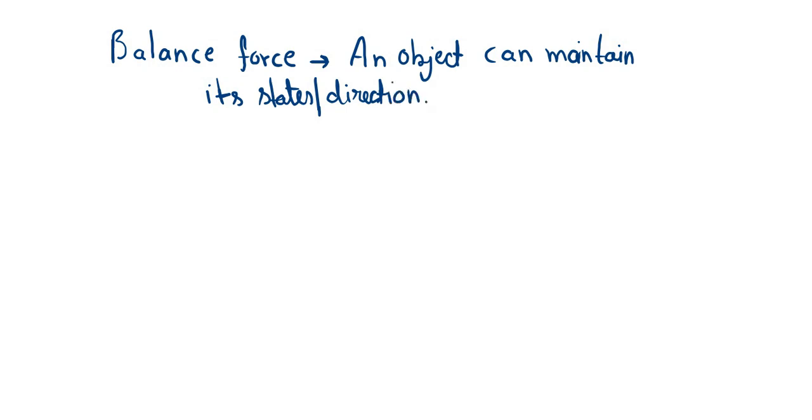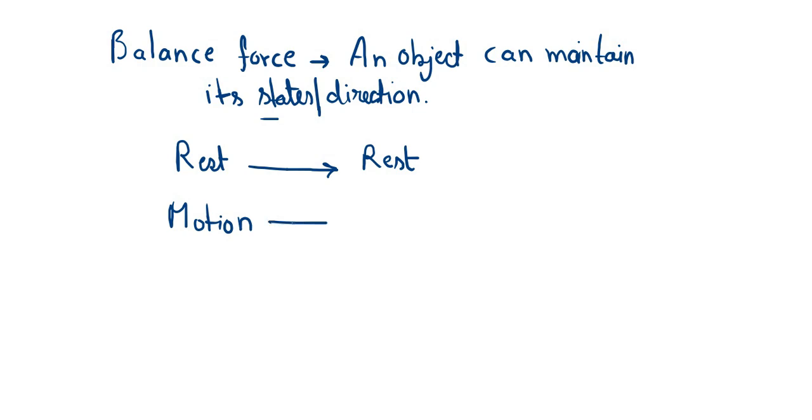Correct? That means if an object was initially at rest, it will remain in the state of rest under the influence of balanced force. But if an object is in motion, or uniformly moving, it will remain in the state of motion.